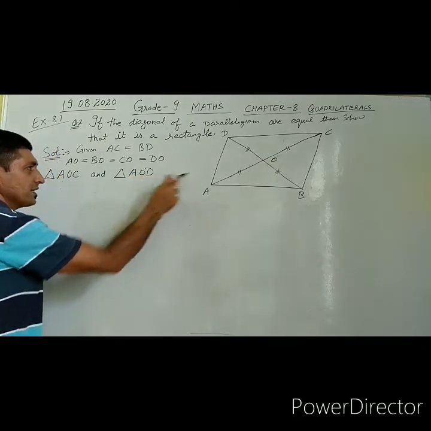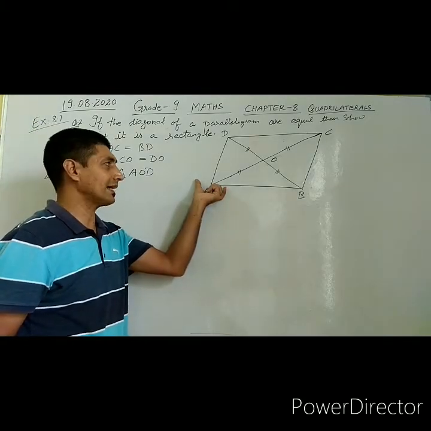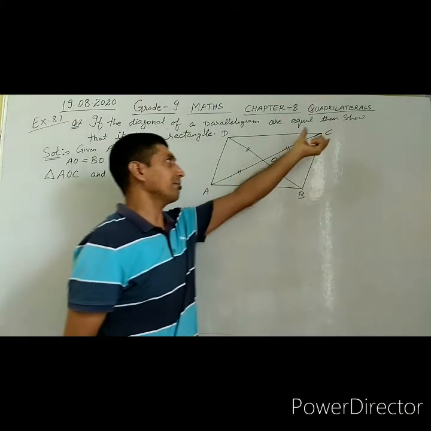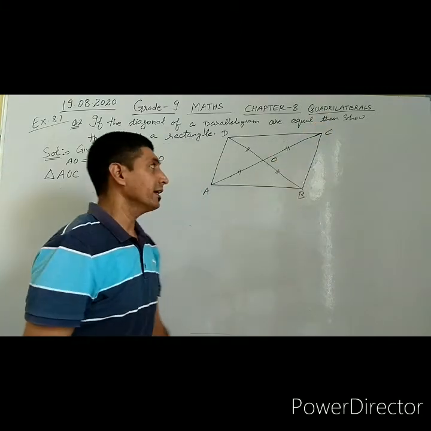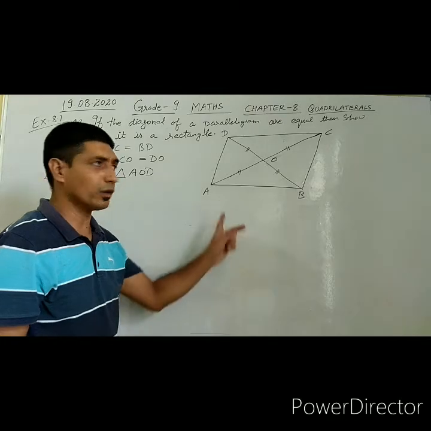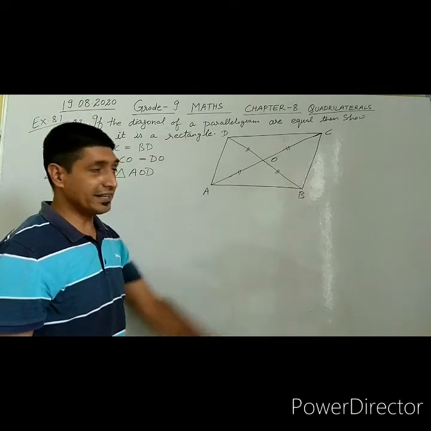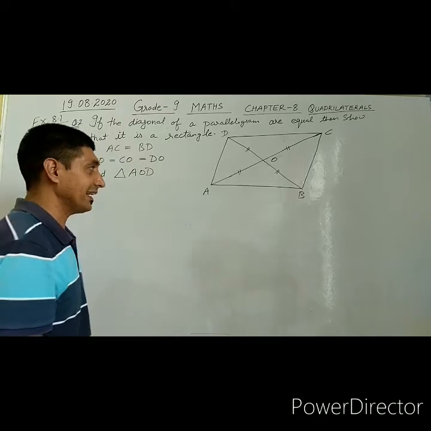Why am I taking these two triangles only? Because I want to prove angle A is 90 degrees. If angle A is 90, then angle C must be 90. And angle B, they are co-interior angles. In a parallelogram, the sum of adjacent angles is always 180 degrees.